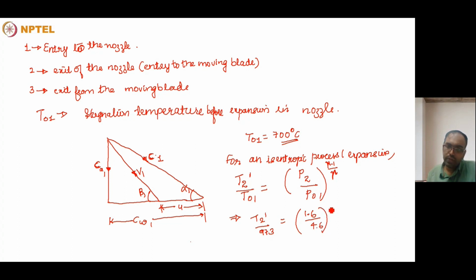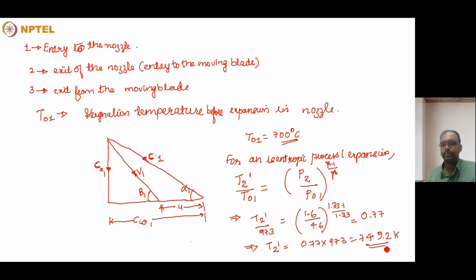Gamma is given as 1.33. So the value will come to be 0.77. Therefore, T2 dash or the isentropic static temperature at the exit of the nozzle can be written as 0.77 into 973. So it will be coming around 749.2 Kelvin.